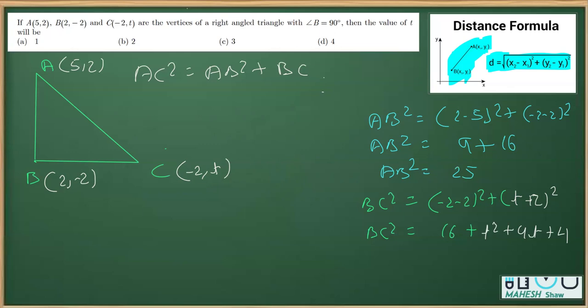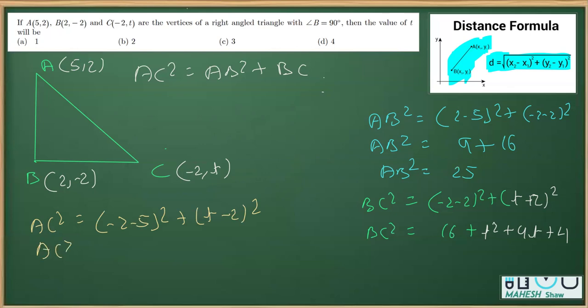Once we have obtained AB square and BC square, the last thing we have to get is AC square. Same way as the other two, AC square is (y2 minus y1) whole square plus (x2 minus x1), that is (t minus 2) whole square.